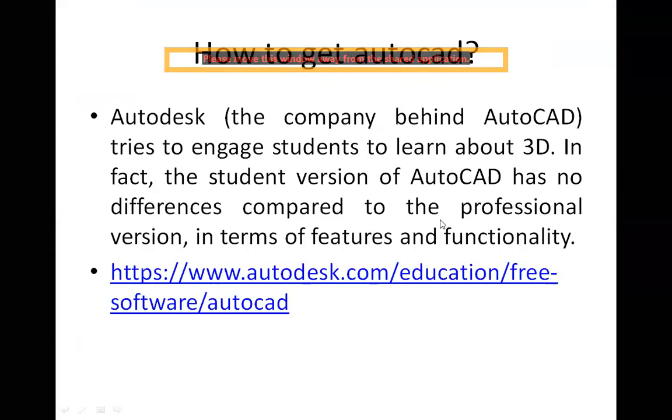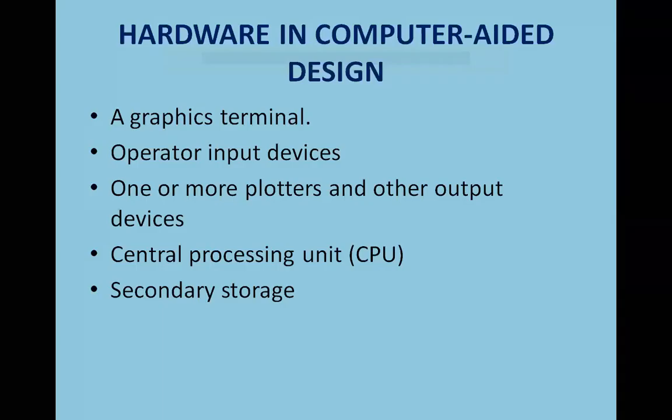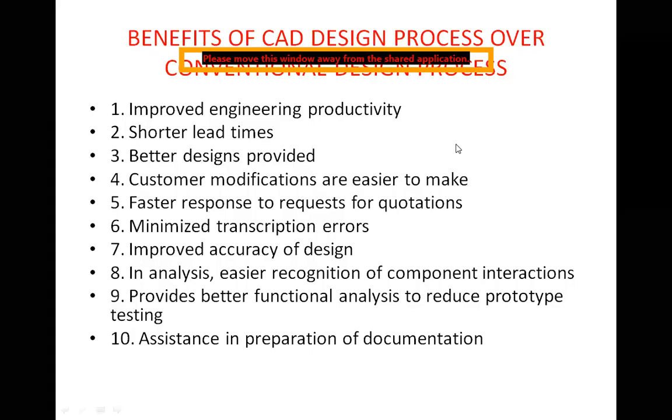You just go to the Autodesk AutoCAD website and easily download the software. We also discussed the hardware in computer-aided design, which is required to run AutoCAD. And I gave some of the benefits of implementing AutoCAD, the advantages over the conventional design process.